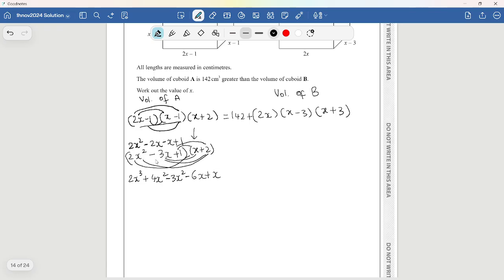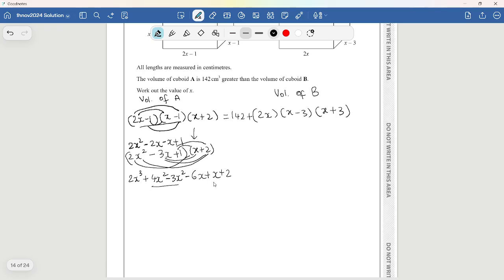So did I miss out anything? So I did this and this and then this, then 3. Oh, I did. So this is minus 3x squared, minus 6x, then 1x. Yeah, I have to write the final term 2 here. And then I can simplify it using the like terms.